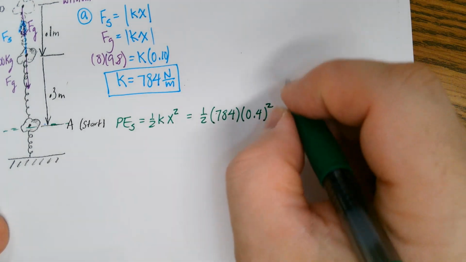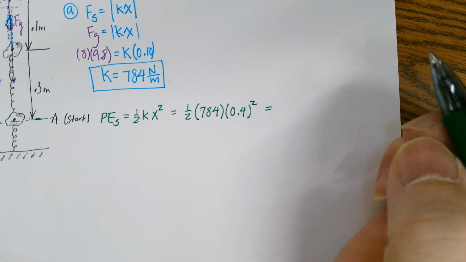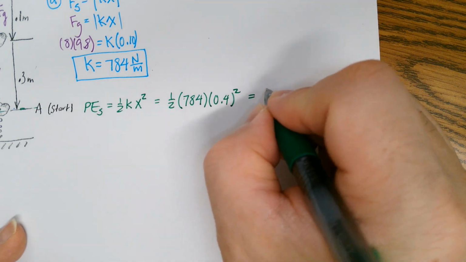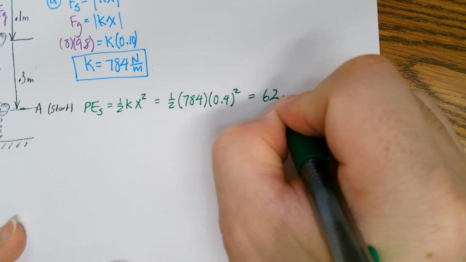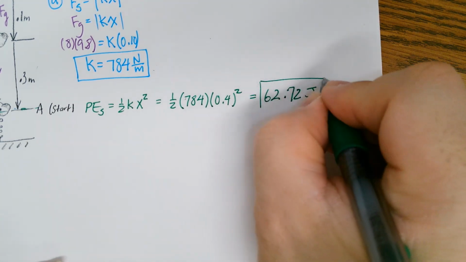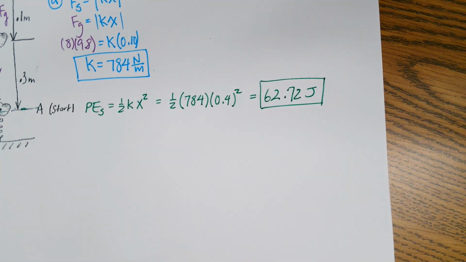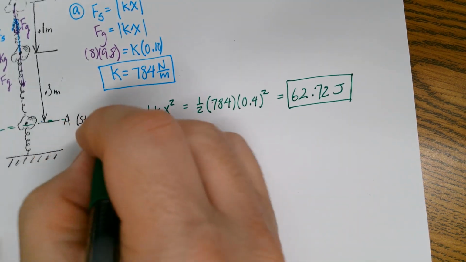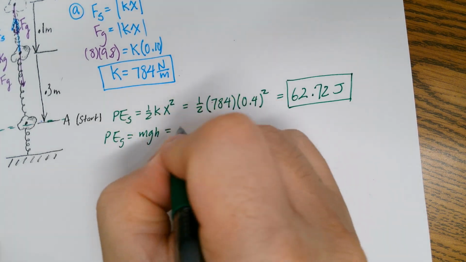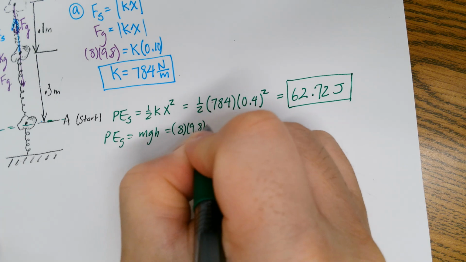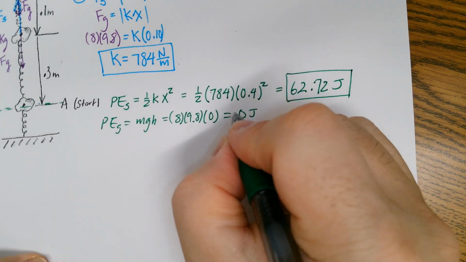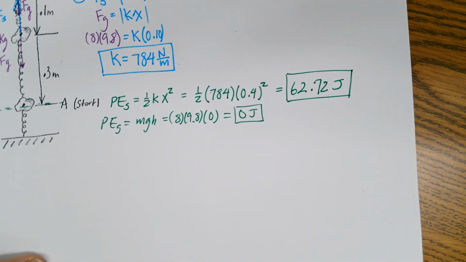If you work it out, you'll get something like 62.72 joules. That's how much the potential energy is. And here, gravitational potential energy is equal to mgh, which is 8 times 9.8 times 0, so it is 0 joules for gravitational potential energy.